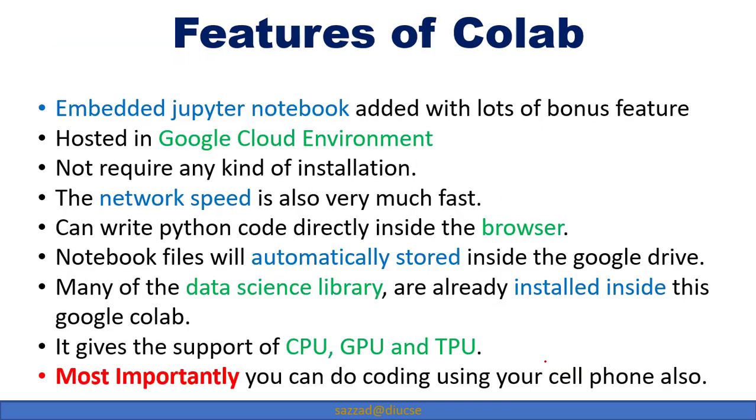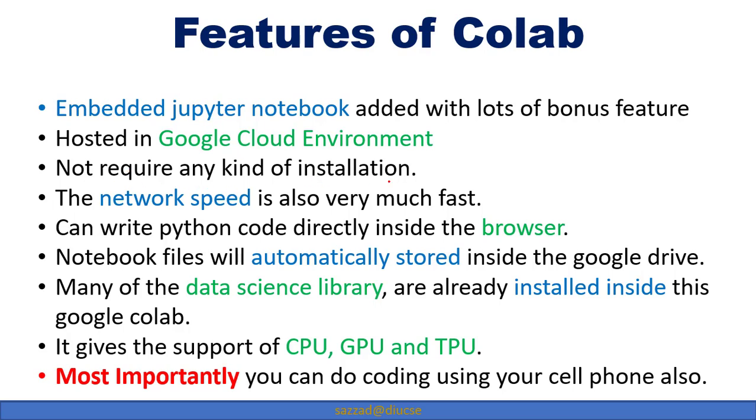Now let us precisely look at the features of Colab so that we can understand how beneficial it is and what advantages are available in Google Colab, so that we can move from any offline IDE to online Colab. As we said, it has an embedded Jupyter Notebook, added with a lot of bonus features. Jupyter Notebook is there, and additionally there are a lot of other features. It is hosted in the Google Cloud environment, as it is a product of Google.